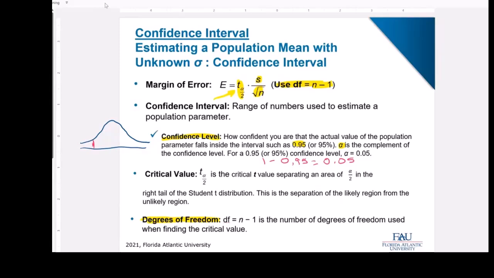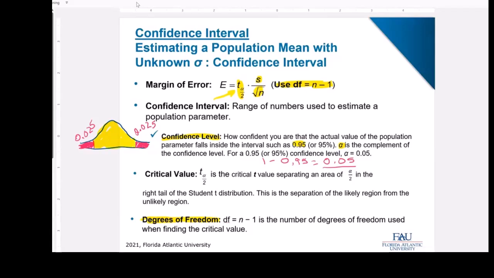We want this part of the graph and this part of the graph to be 0.025. Because if you add those two together, you're going to end up with 0.05. In the middle, if those two ends add up to 0.05, then what's in the middle is our range. And that's what we're trying to find.